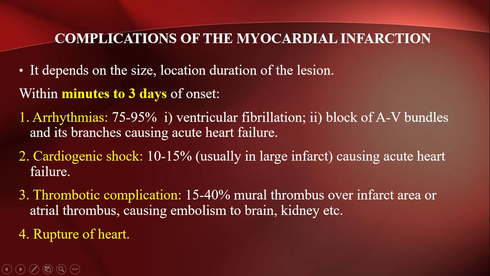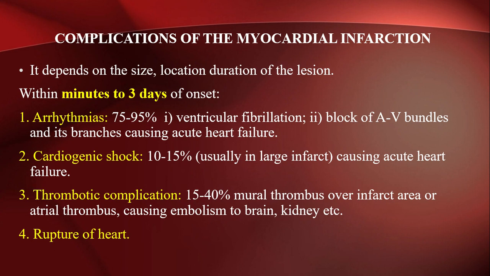Complications of myocardial infarction depend on the size, location, and duration of the lesion. Within minutes to 3 days of onset, arrhythmias develop, that's 75 to 95%. Ventricular fibrillation and block of the atrioventricular bundles and its branches cause acute heart failure.